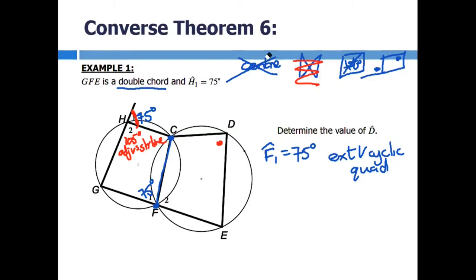But from the 75, we can actually just go straight into saying that angle D is also 75 degrees, exterior angle. So we can just use that one twice, and that just gives us 2 steps in total to get to D. Okay, but guys, it's okay if you did extra steps.